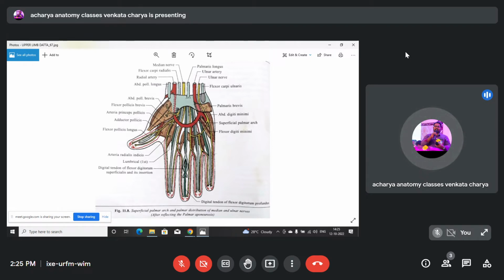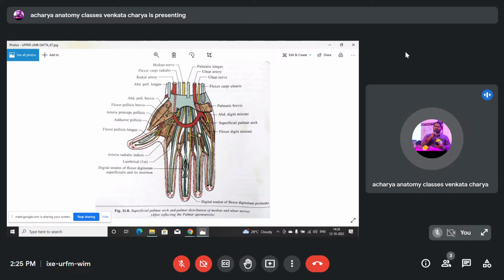This superficial palmar arch gives three common distal arteries and one proper distal artery.